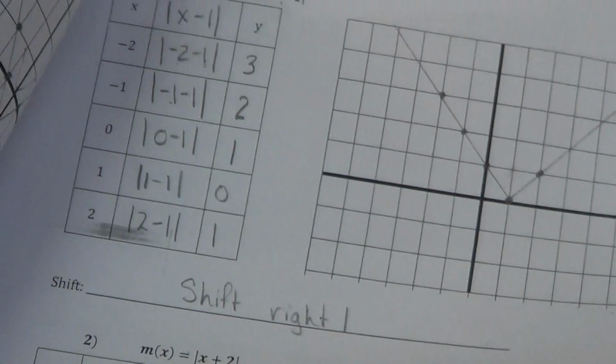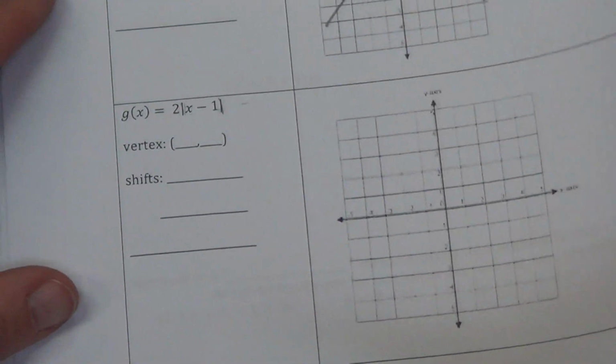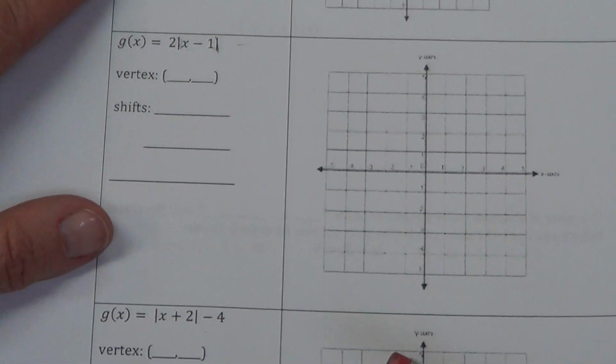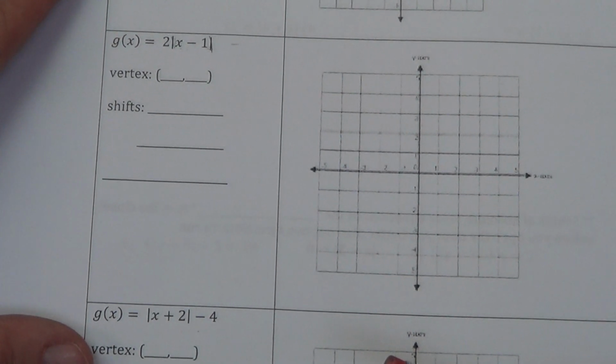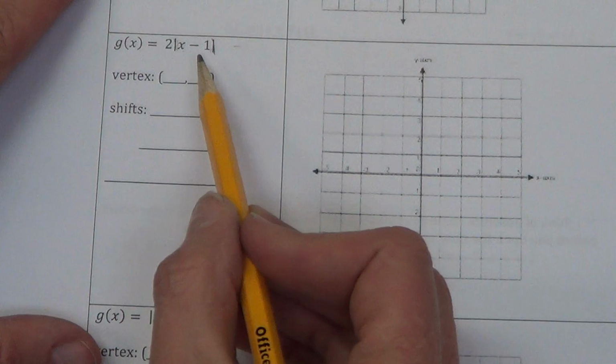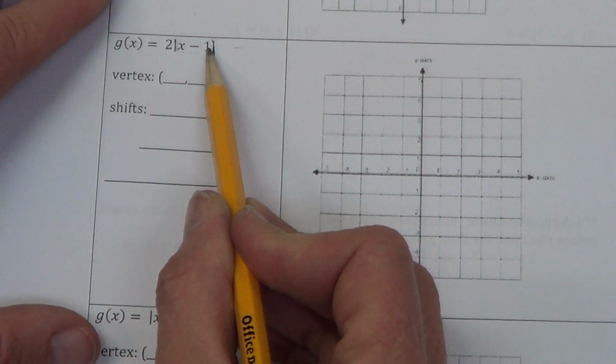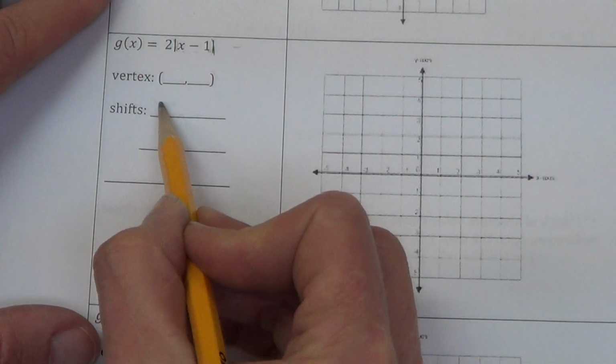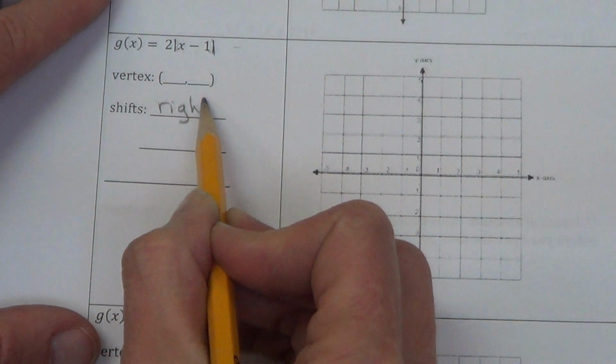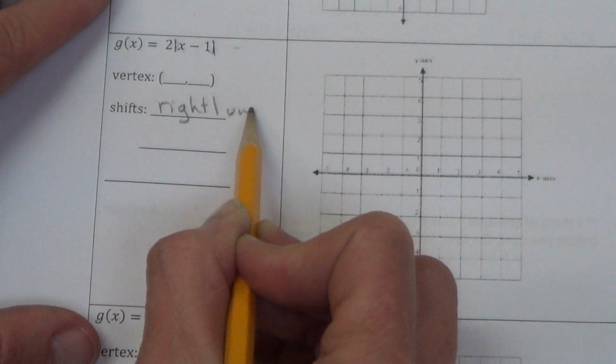Take a look and see what direction it moved. If you don't know, then start plugging in points. If you look at page 7, you'll see that a negative on the inside caused it to move right that many units. So it's going to go right 1 unit.